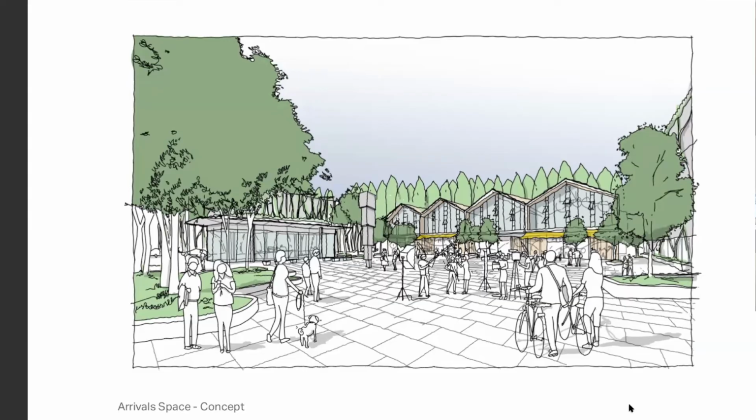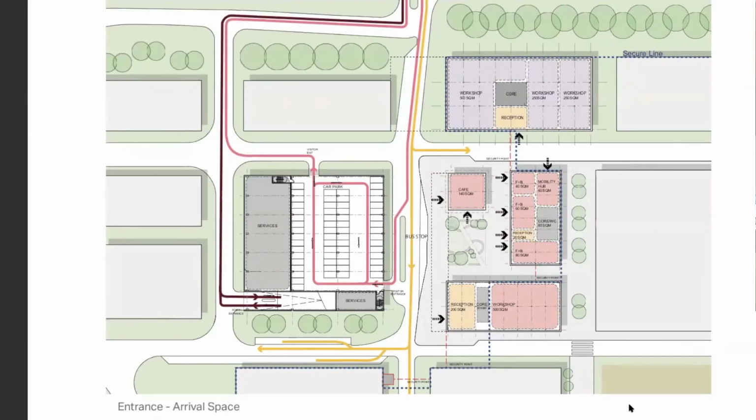If we go to the next slide, we see the entrance from the north. We're going to have a bus stop that directly faces the square, and all the activities at ground floor are very much related to the idea that we want to activate the ground floor around the entrance.